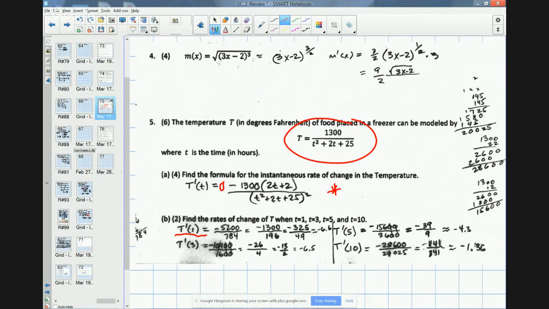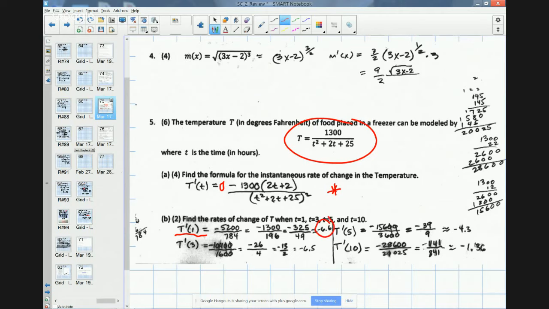And 4 times negative 1300 is negative 5200. And on the bottom, what do we have here? 1 squared is 1, plus 2 times 1, so that's 3, and 3 plus 25 is 28, and 28 squared is 784. And then simplify it to get your answer.